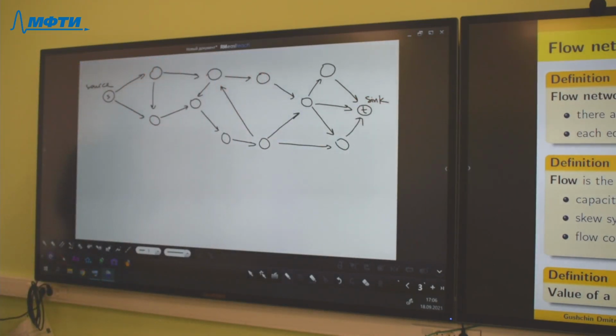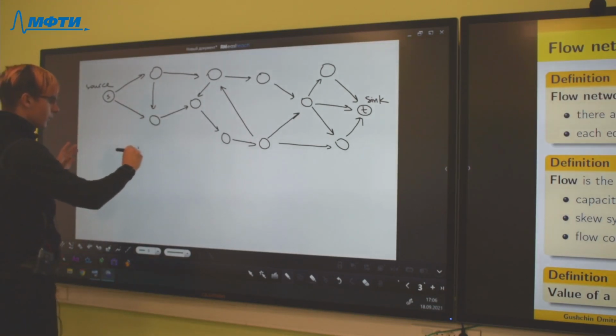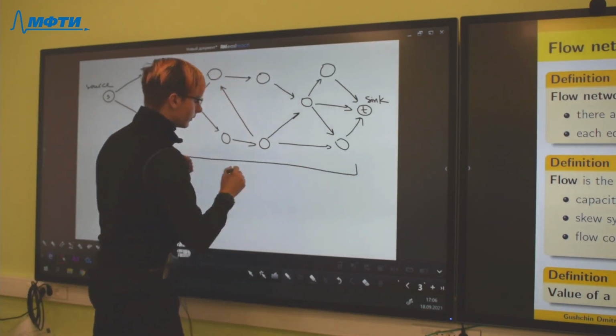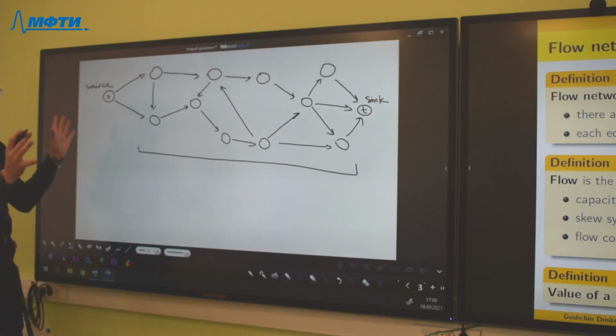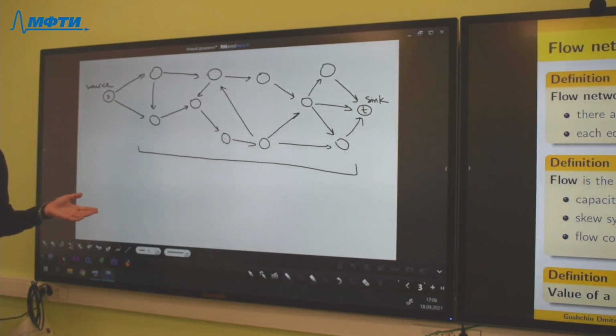And we say by definition that source has no input edges and sink has no output edges. Okay, and here we can draw any directed graph.